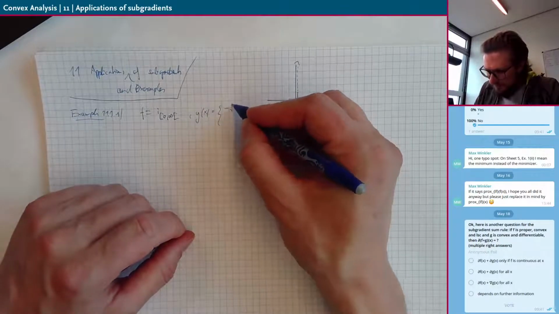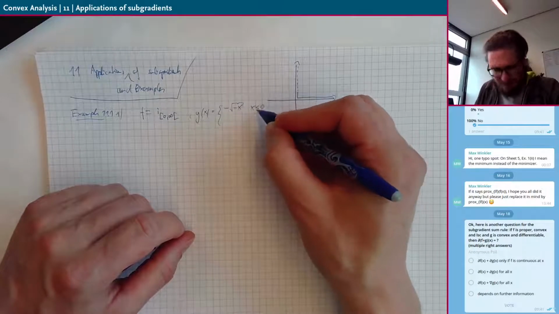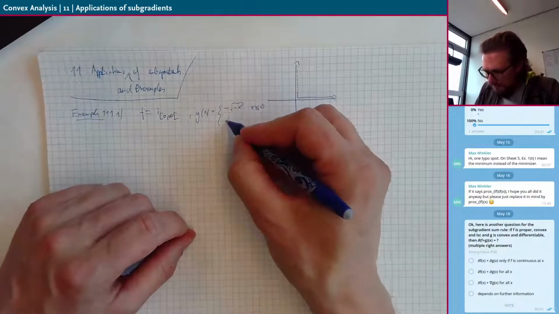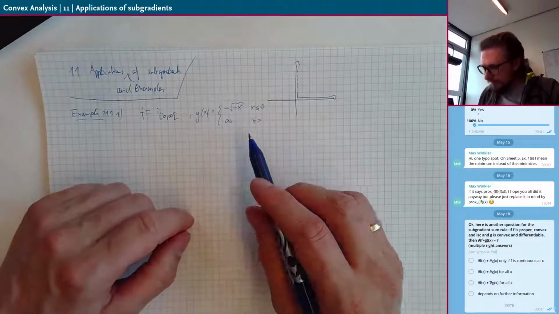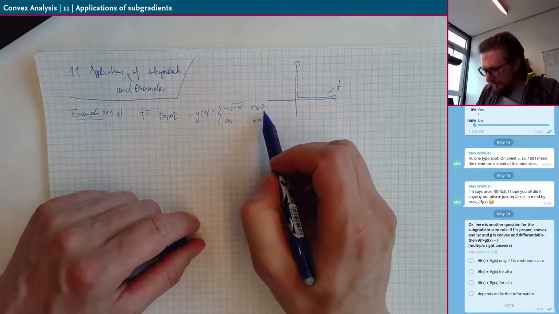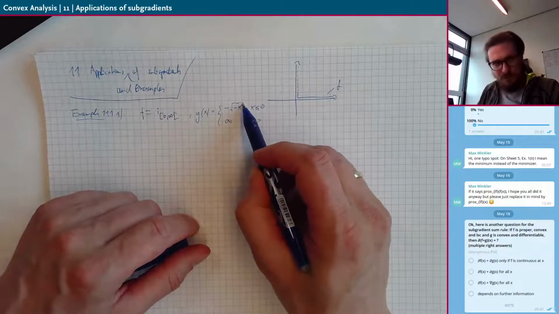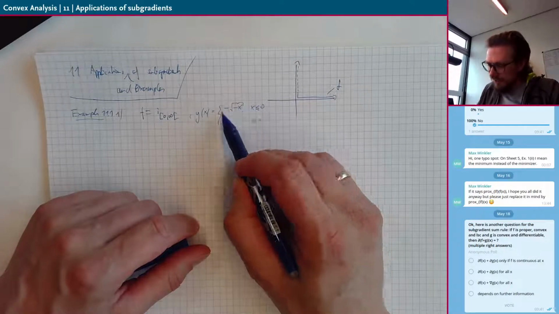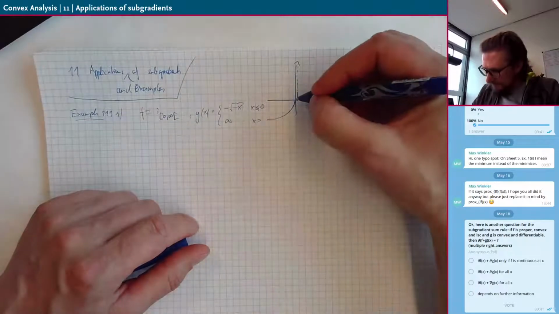We take minus the square root of minus x for x non-positive, and infinity for x positive. So how does that look? Here is f. For x smaller or equal to 0, the square root is positive, but we take the negative one. So the function looks like this, and also jumps up to infinity like here.